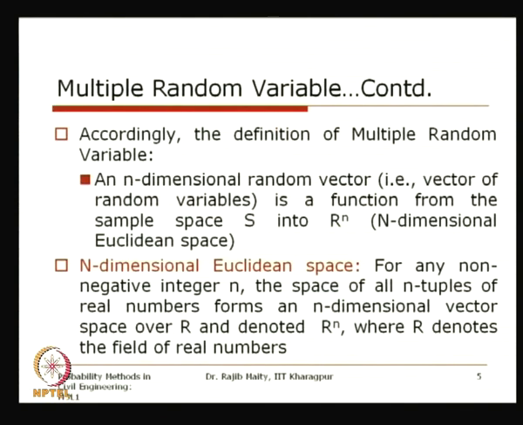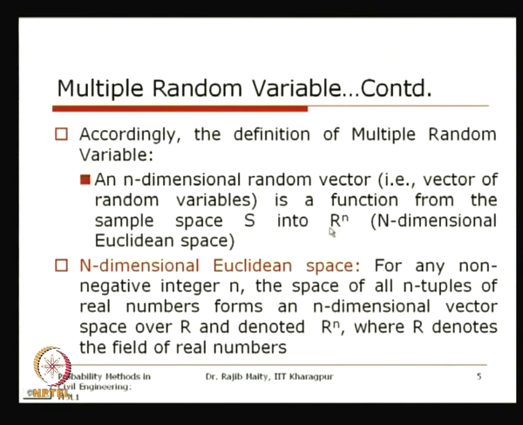Accordingly, the definition of multiple random variables can be stated as an n-dimensional random vector, that is, a vector of random variables is a function from the sample space S into Rn, where Rn denotes the n-dimensional Euclidean space. As I told, it will be easier for us to first conceptualize it in the two-dimensional case.